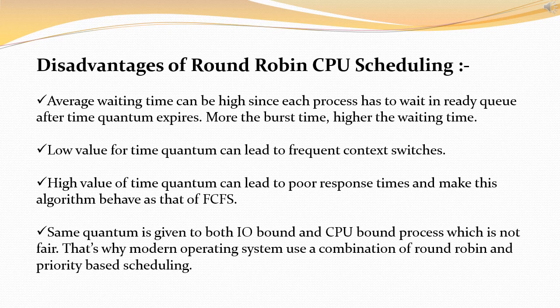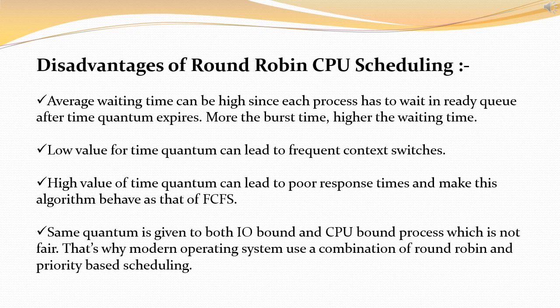There are some disadvantages of round robin CPU scheduling also. Average waiting time can be high since each process has to wait in the ready queue after time quantum expires. More the burst time, higher the waiting time. Low value for time quantum can lead to frequent context switches.